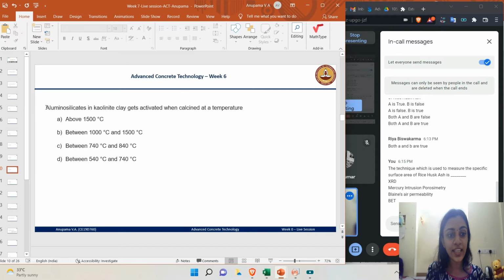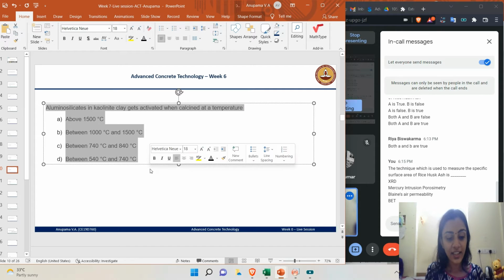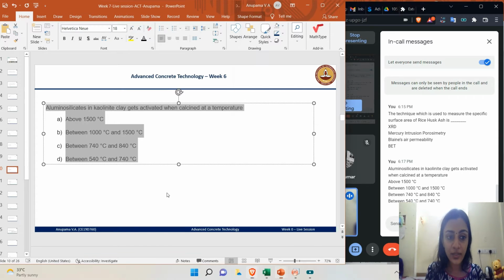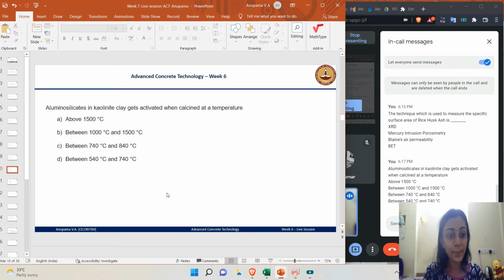Aluminosilicates in kaolinitic clays get activated when calcined at a temperature: above 1500 degrees Celsius, between 1000 and 1500, between 740 and 840, or between 540 and 740. I'll give a few minutes for this.